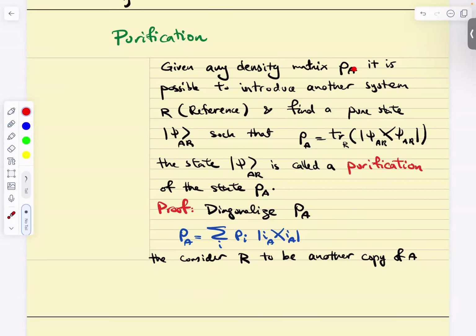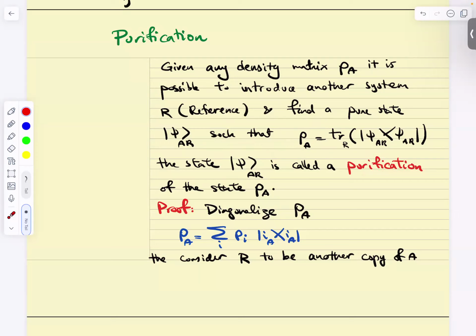Given any density matrix rho A, it's possible to introduce another system R, we call the reference, and find a pure state psi of AR such that the reduced state of rho A is your state of interest, what you were given. The state psi AR is called a purification.